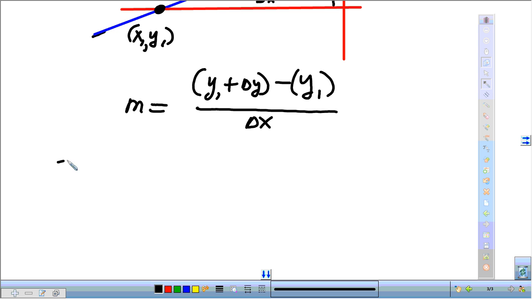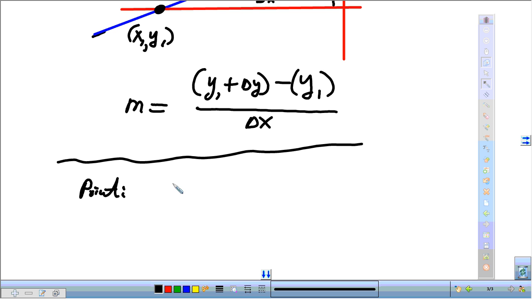So for our particular example, we had a point (1, -1) that was on the line. We could take a change in x. Well, we could use maybe something like 0.5. So start at a point, take a small change in x.